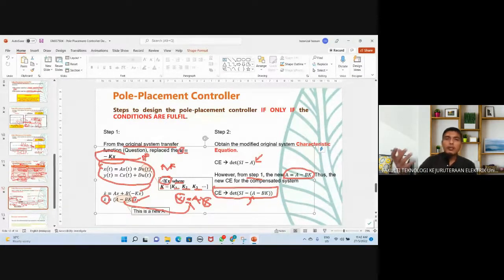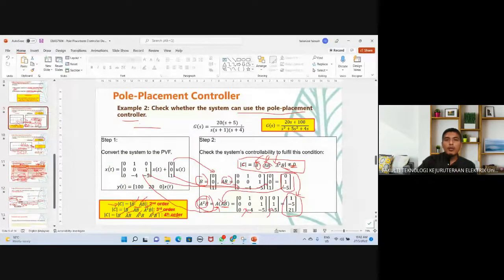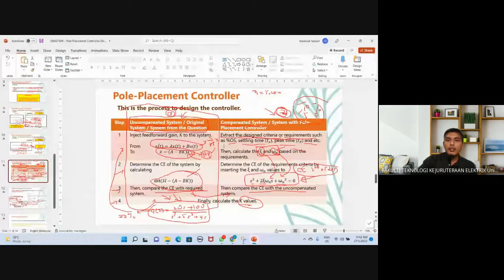Okay, and then after that, for the pole placement, you need to convert your system to phase variable form. However, for the observable controller, you just need to replace your transfer function to the observable canonical form. The rest of the steps, if you refer to this, are same. Everything same.